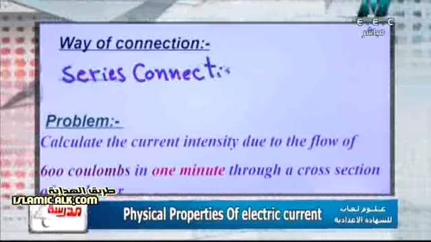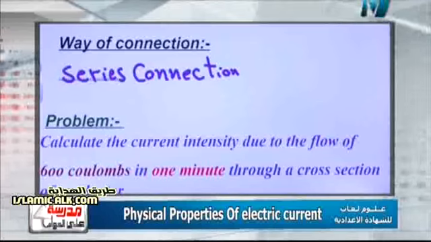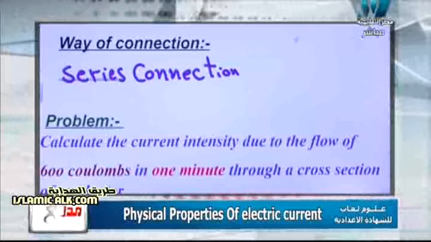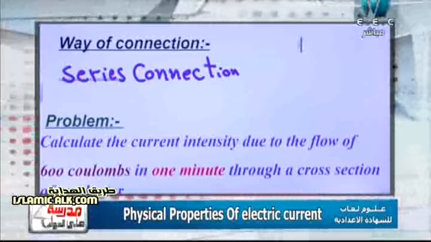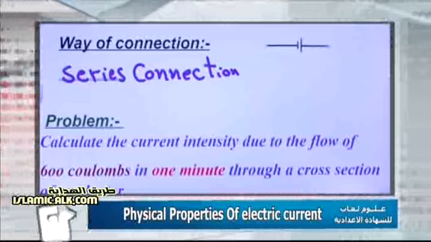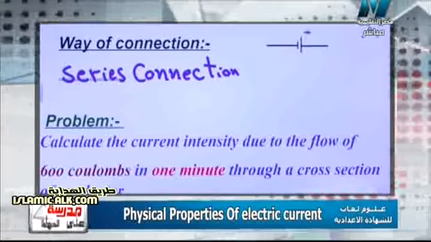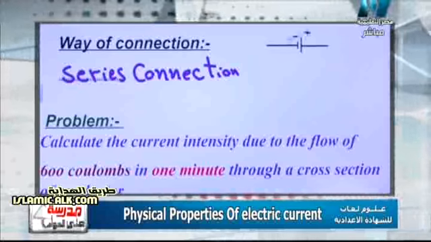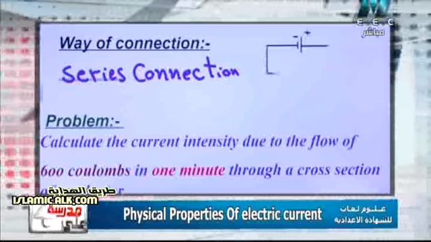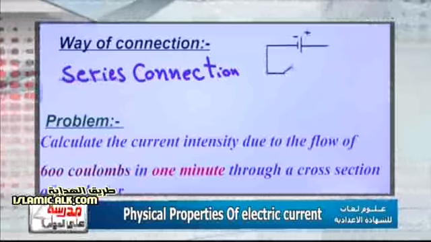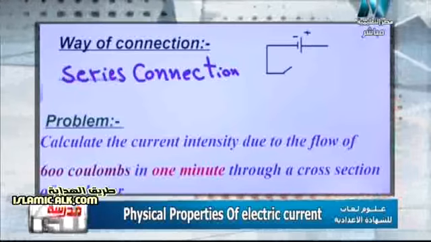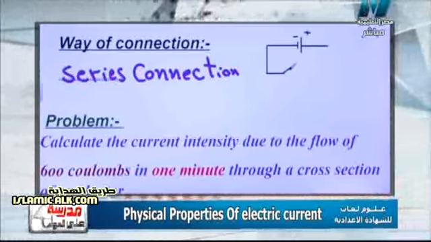By drawing, how come? Let's draw it together. As we see here, we have, for example, here the symbol of battery. Here I am drawing the battery, by the way, or source of electricity. Positive and negative. Here we have a key. We must be aware of the key, of course, which is the switch.